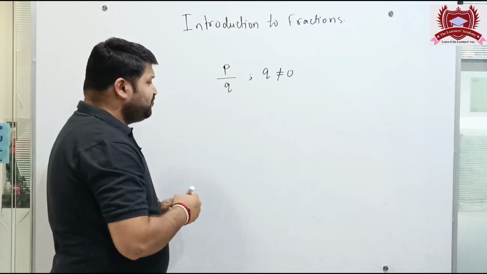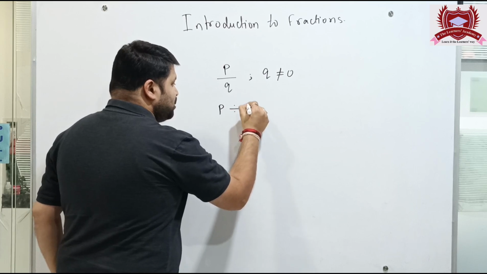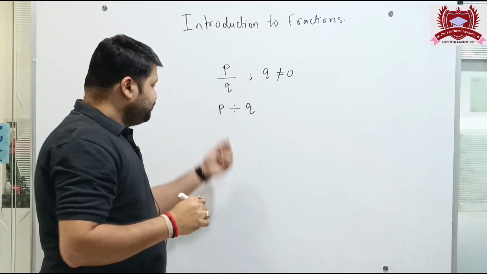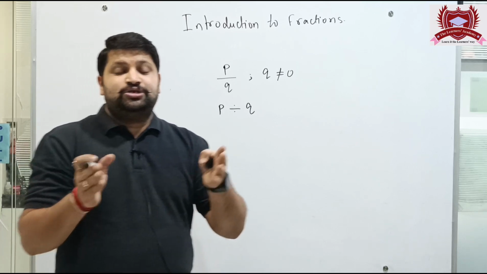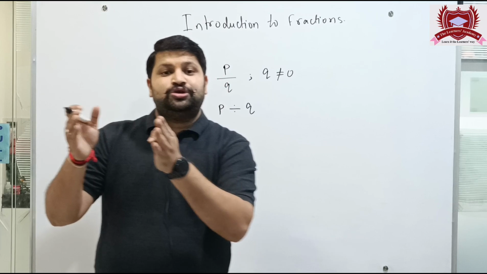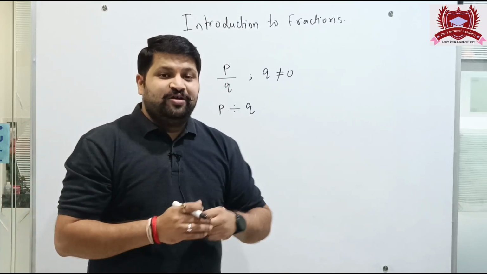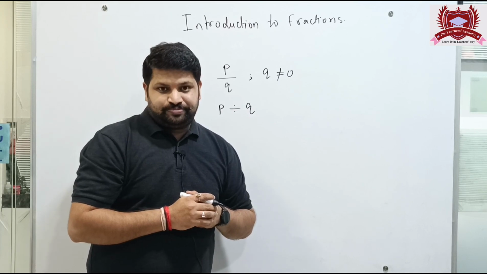Effectively, what this fraction means is P divided by Q. If P divided by Q does not complete, meaning it doesn't give us just a quotient without remainder, then we can write it in the form of a fraction.